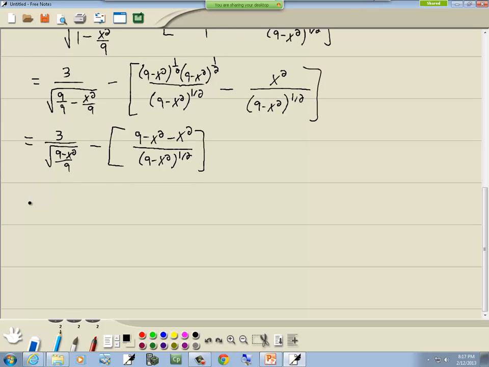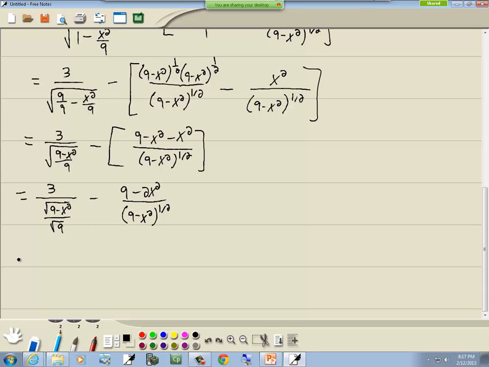Okay. Over here, down below I got a square root of a fraction. I can split it up, put a square root around top. So square root around 9 minus x squared, and square root around the bottom. Minus, we got 9 minus 2x squared, combined together like terms, over the 9 minus x squared to the 1/2.